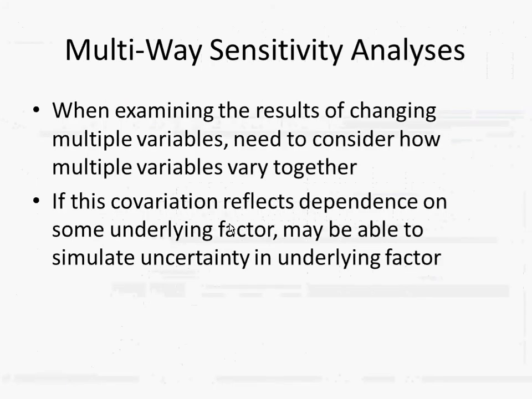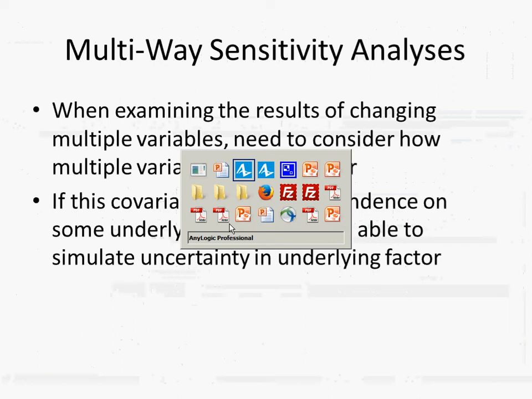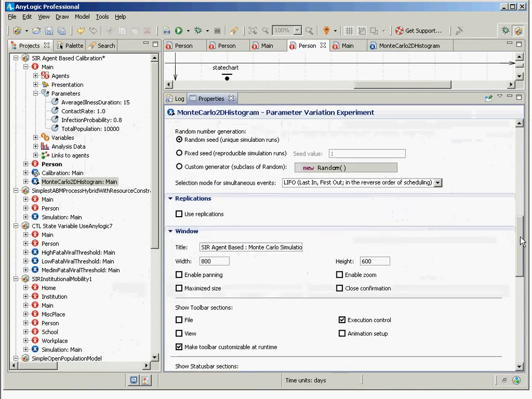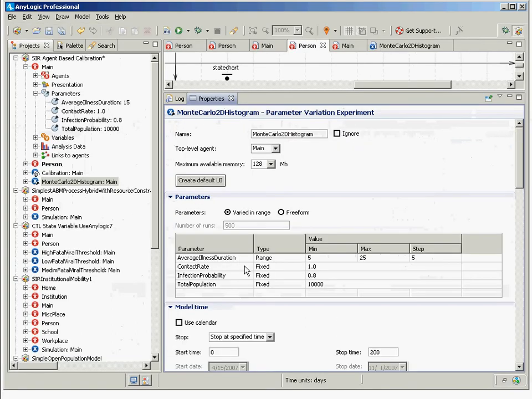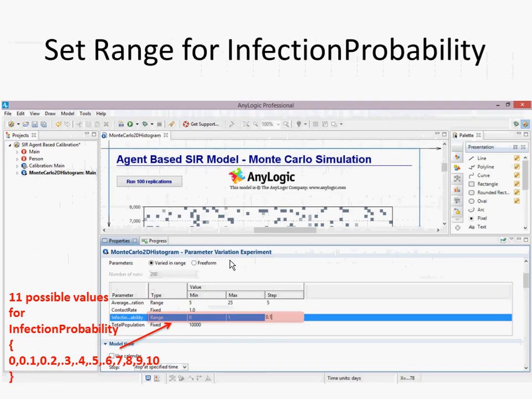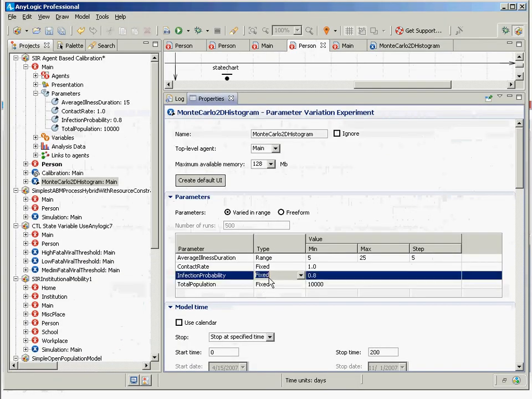For example, average illness duration may combine to interact with some of these other assumptions to yield behavior that's distinctive. So in this case, I'd like to specify infection probability as going from 0 to 1 with a step of 0.1. So infection probability, we're going to set it to vary in a range from 0 to 1 with step 0.1.